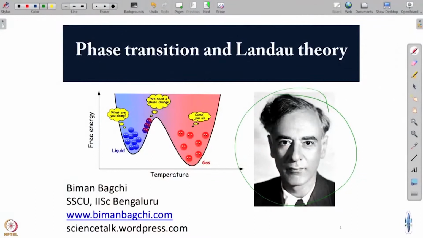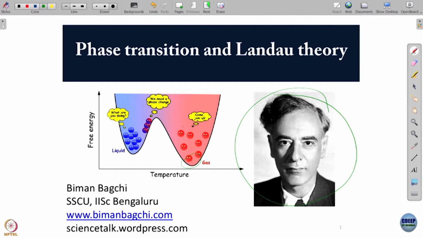So this is a picture of the great Landau, who did many things. And this is a kind of free energy diagram, inspired by Landau: at high temperature it is gas, where molecules are far from each other, but in a liquid the molecules are together.